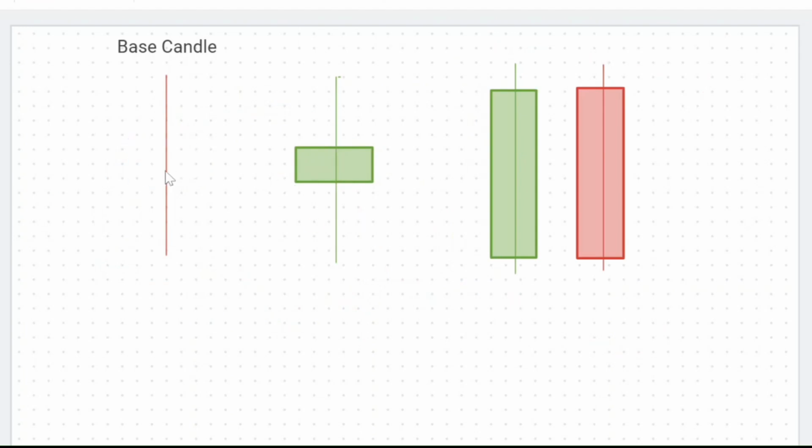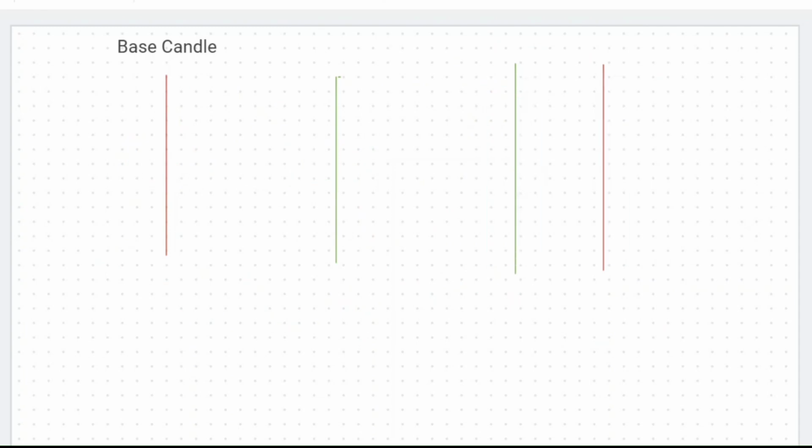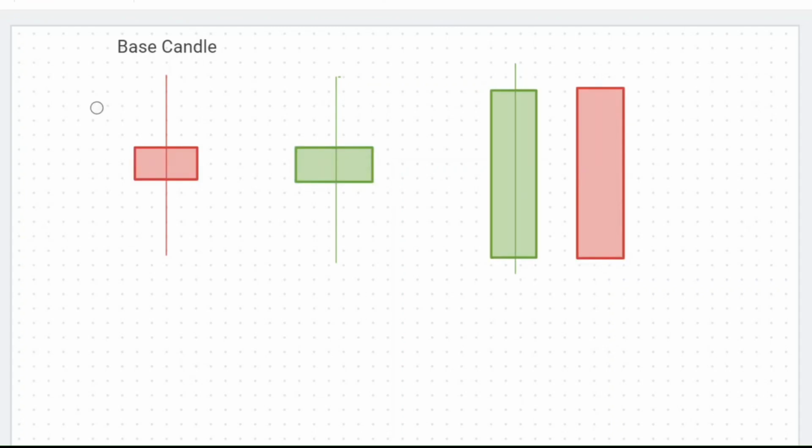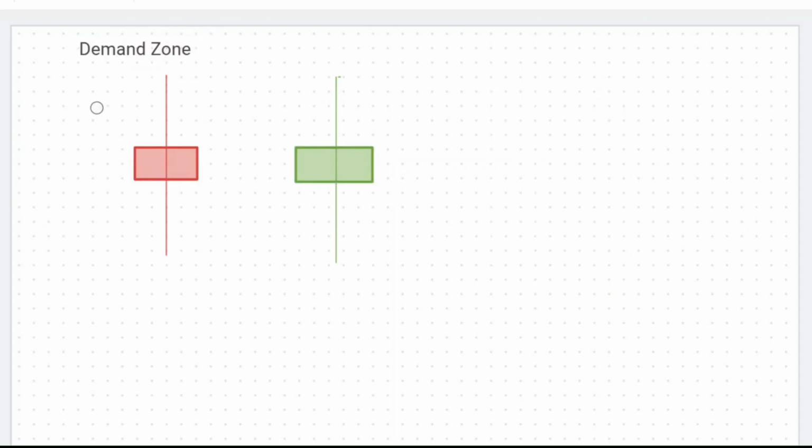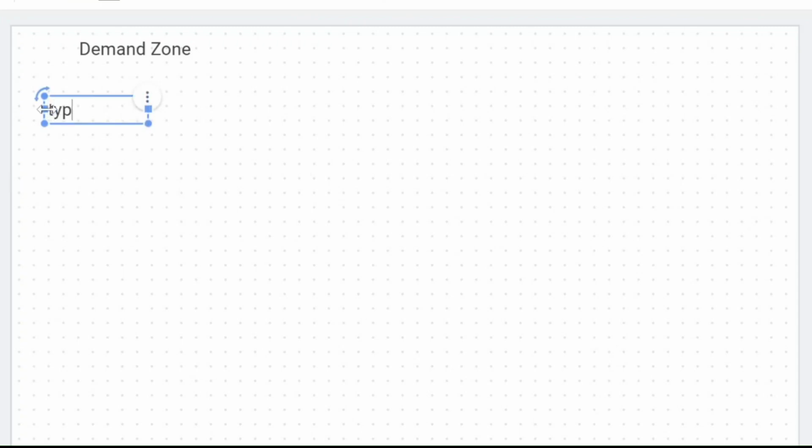Okay? Now we come to what is demand zone and supply zone. Okay, now let's come to demand zone. So see, there are two types of demand zones. Type one is drop base rally.